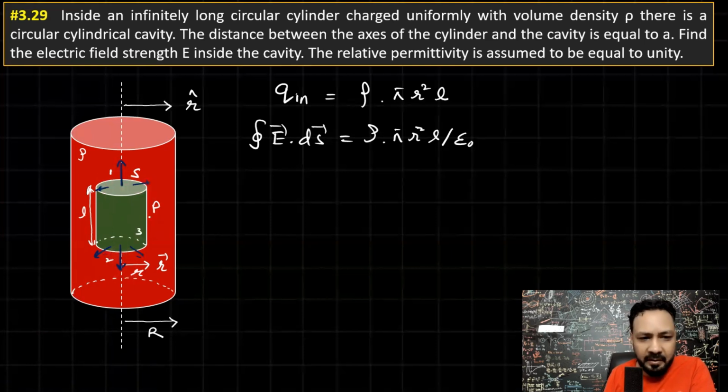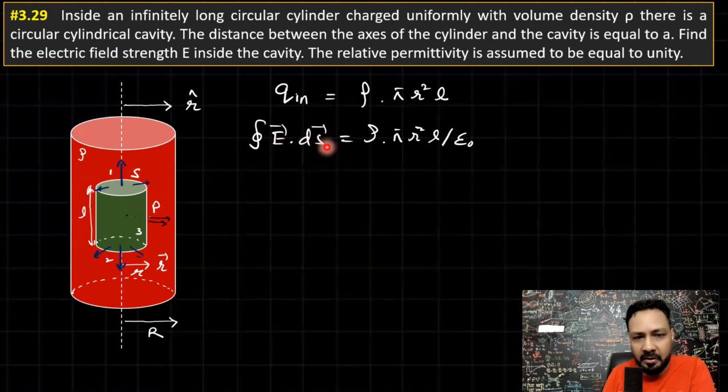At surface 3, at any point, the electric field has to be radially outward, and in the same direction the area vector would be there. So symmetry of the problem tells me that at any point of surface 3, E is parallel to dA, and the E will be the same in magnitude.